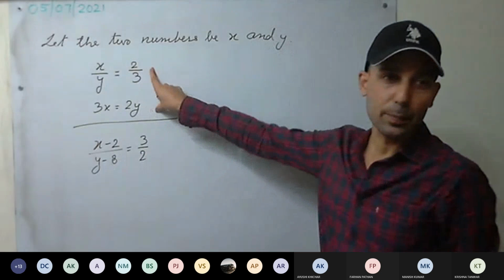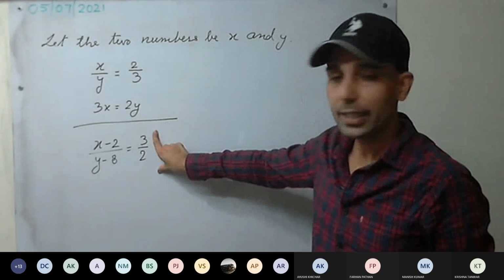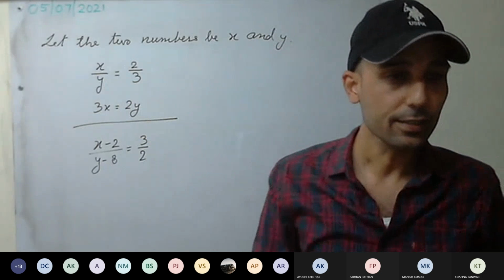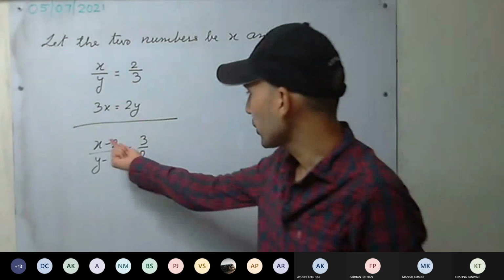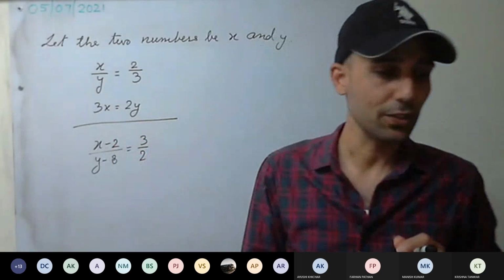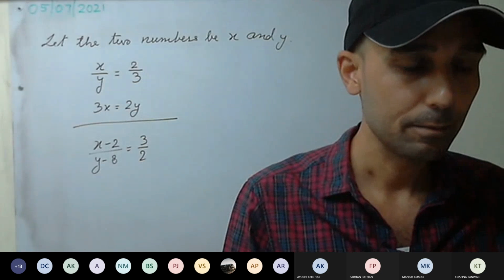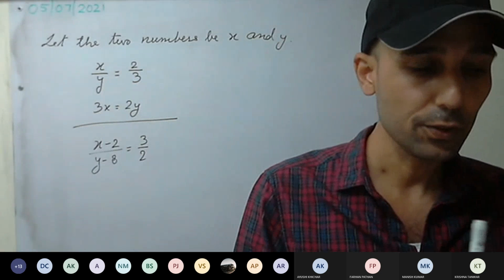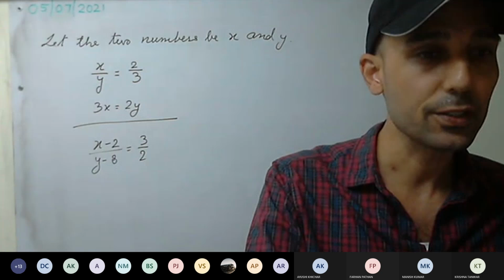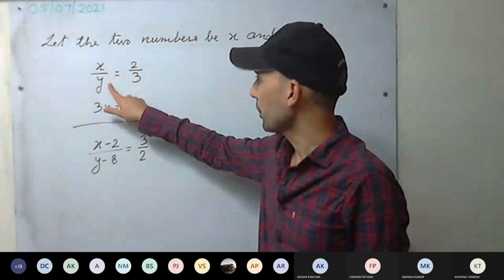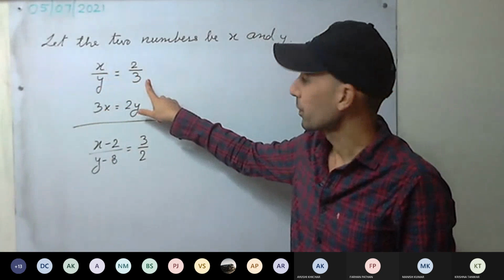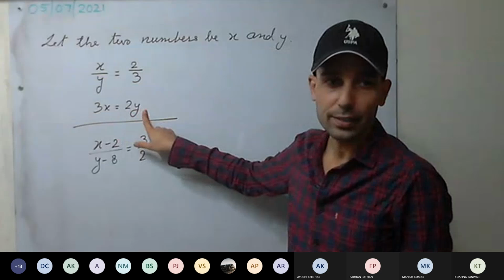This was the first statement. This was the second statement. Is this clear? Form the equation. Cross multiply them and form the equation. You understood these two statements? First, the ratio of two numbers is 2/3, and we got 3x equal to 2y.